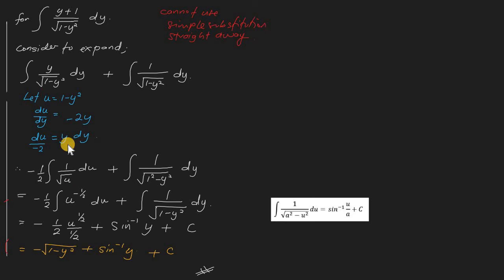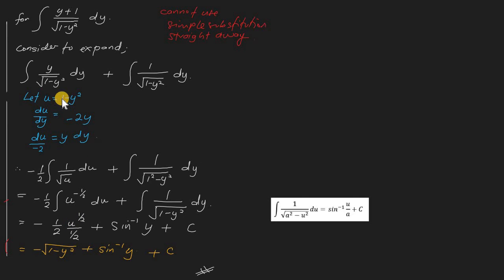So dy is du over negative 2, meaning we can replace everything in terms of the u. There we have 1 over square root u, or u to the power negative half. You can easily integrate. You will get the 2, and over here the 1 over 2 can cancel off. So you have a remaining square root of u.